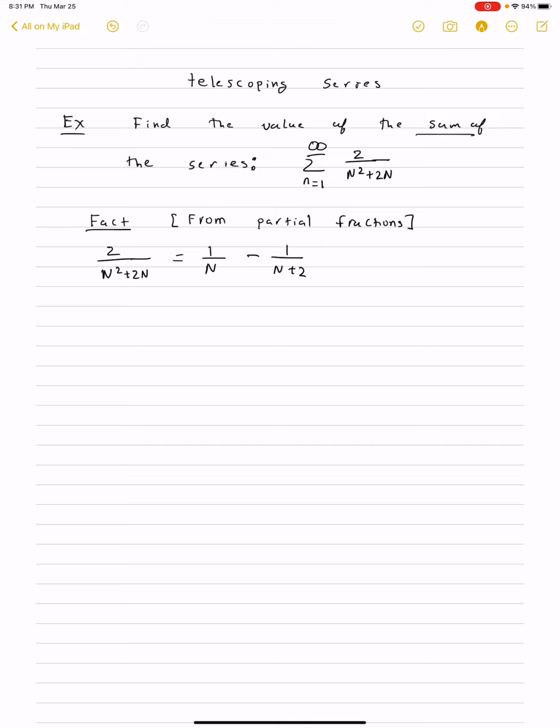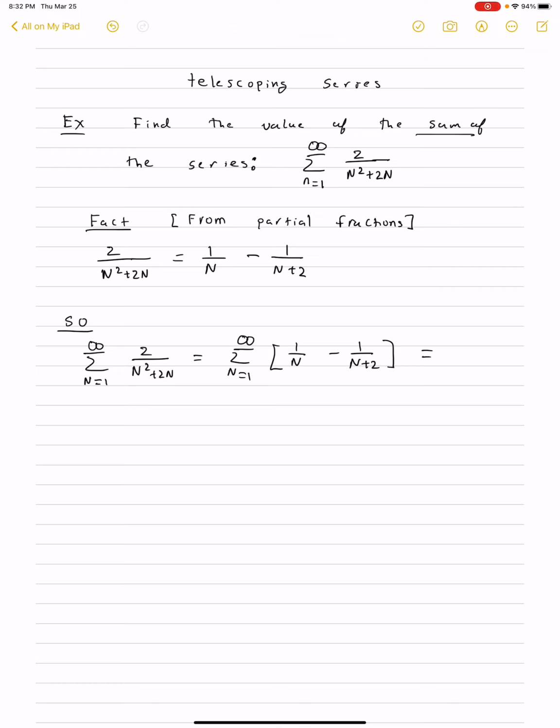If I use this fact, the sum from n equals 1 to infinity of 2 over n squared plus 2n is the sum from n equals 1 to infinity of 1 over n minus 1 over n plus 2. I'm just going to start writing out terms.